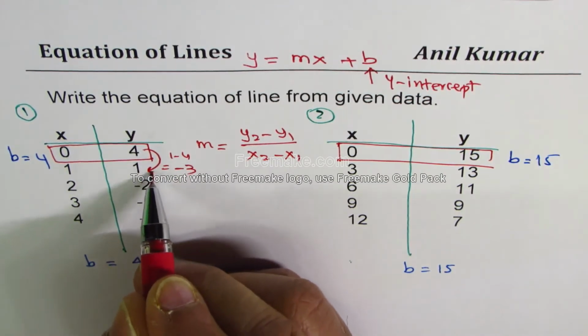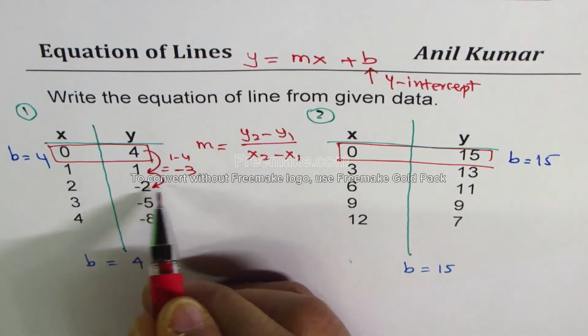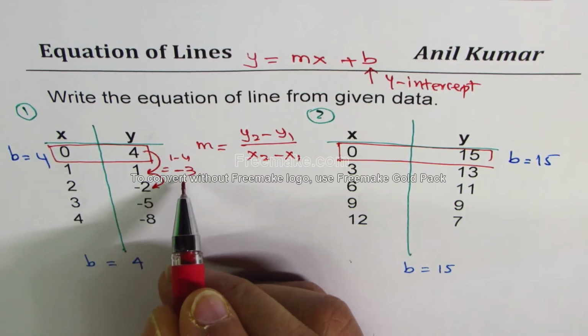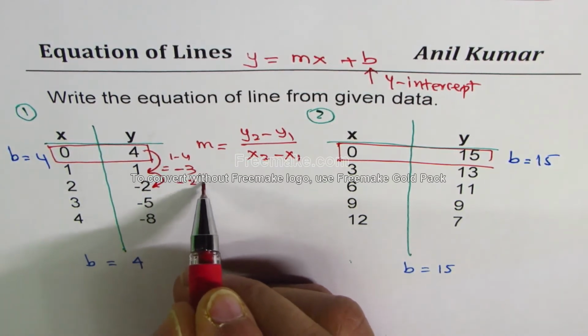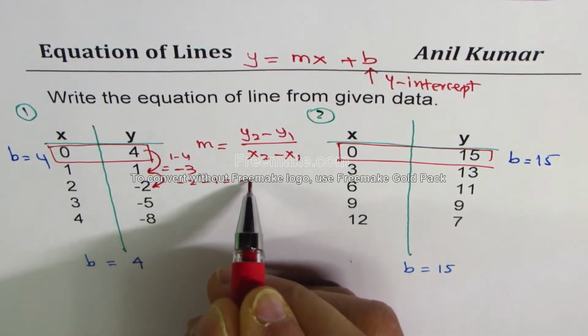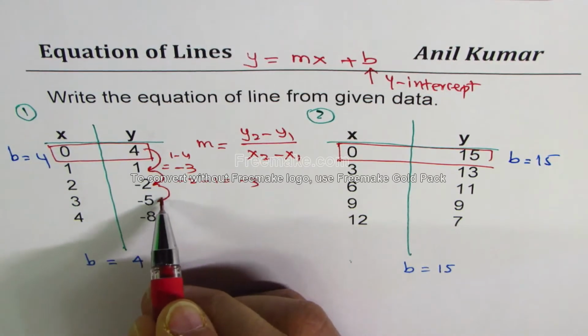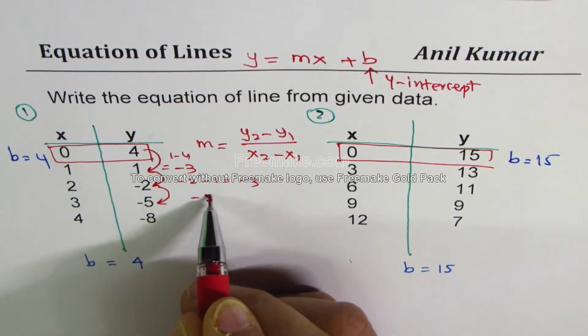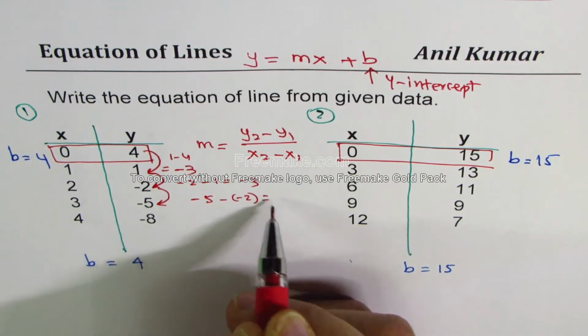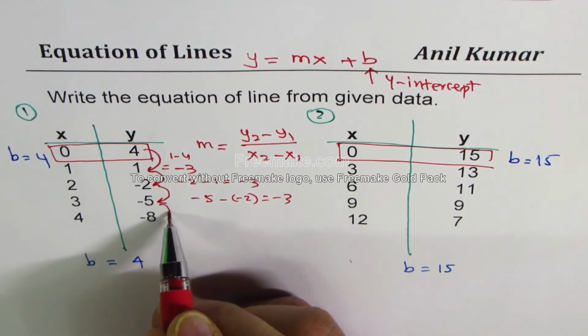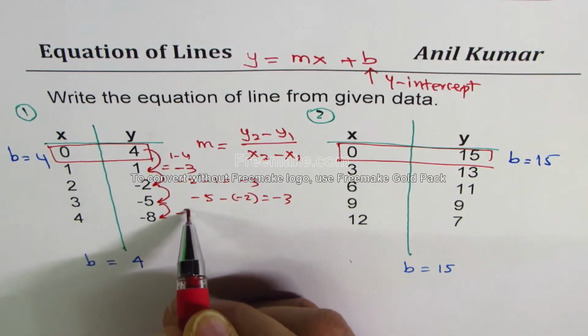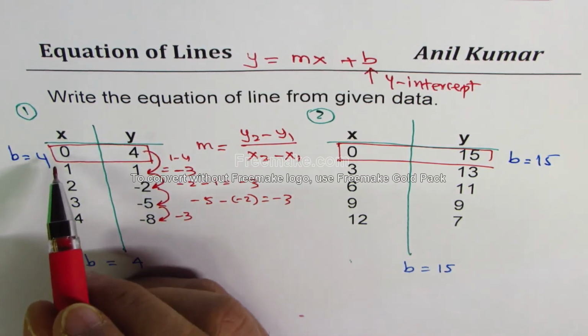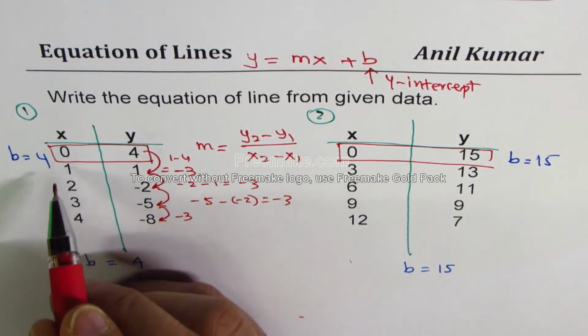So you're going down by 3. Next is also a step of minus 3. That is minus 2 minus 1, which is minus 3. Then again, we have minus 5 minus of minus 2, which is minus 3. So each step is constant for a difference in y values.